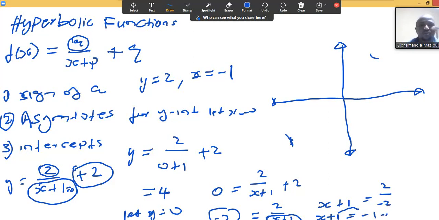So let's look at what we got here. We have our asymptotes and our intercepts: y is equal to 4, and x is equal to minus 2. Our asymptote is y equal to 2, so you just draw that dotted line here, and then you have another one, x equal to minus 1.